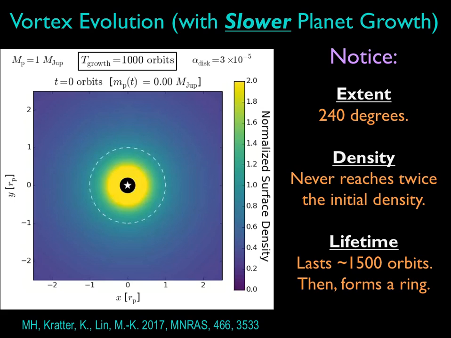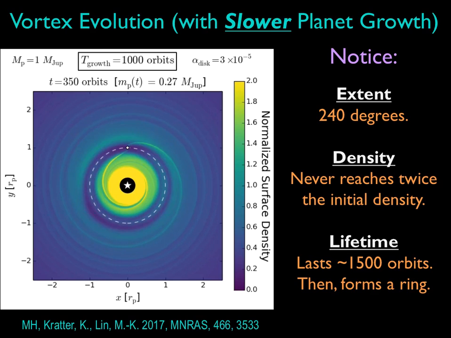For this simulation, we use the same parameters as the previous video, except that now we prescribe the planet to grow to full size over 1,000 orbits instead of just 10. Now in this case, when the planet reaches a fifth of a Jupiter mass, about 300 orbits, it makes the disk unstable and triggers a vortex.